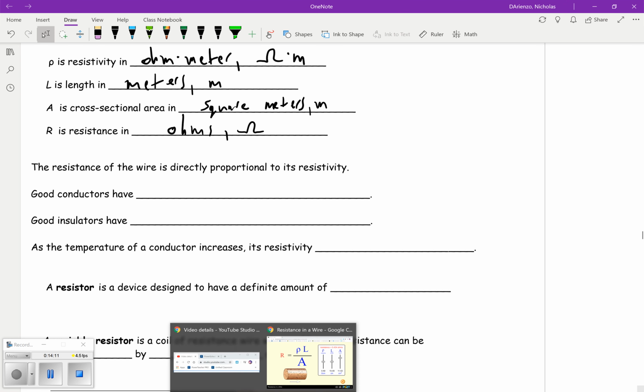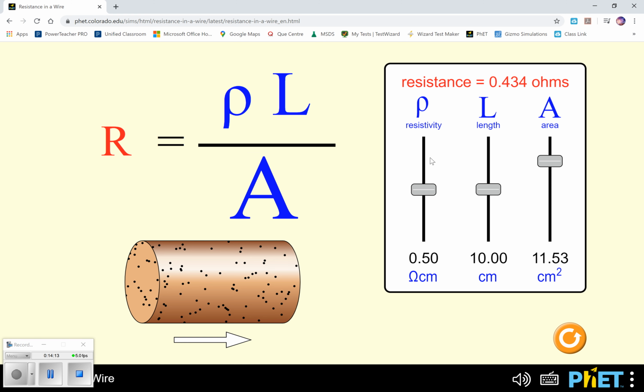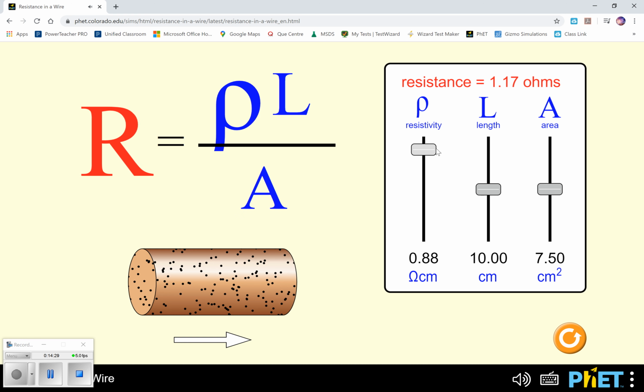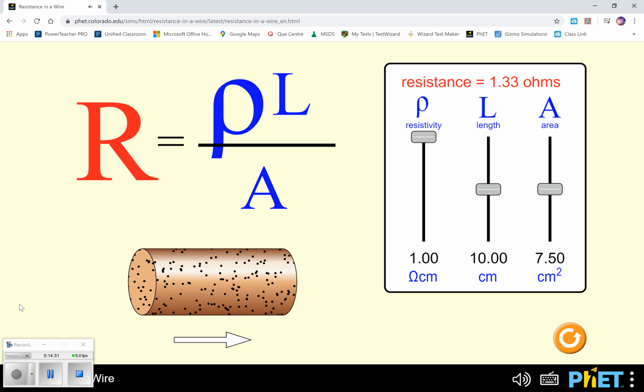Now, just to touch back here with the resistivity, if we just look at resistivity, it's going to be directly proportional to resistance, just like length was. If we have something with a high resistivity, let's say like nichrome, these little black dots start to increase in here.